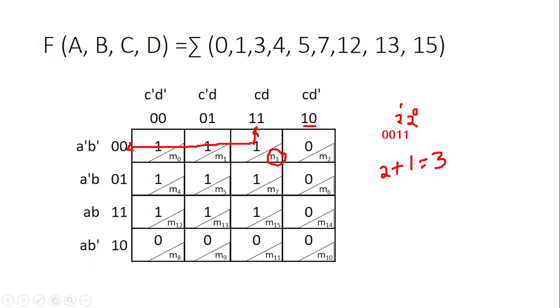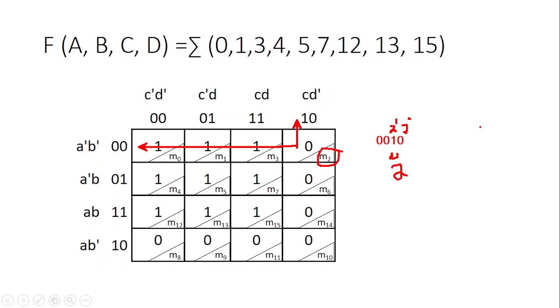What about this value? If you look at this particular point, corresponding to the AB direction and CD direction, AB is 00 and the next one is 10. So this is 2 to the power 0 and 2 to the power 1. 2 to the power 1 is 2 only, so you get the value here as 2, and that is what I have written.